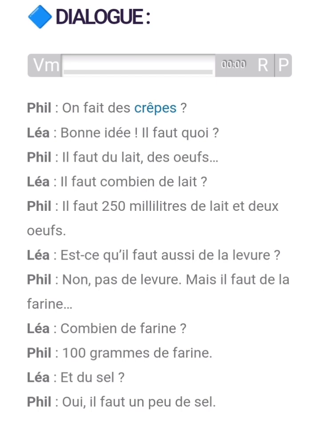Et du sel, and salt. Sel, masculine, singular, so we use du. Now in the next sentence, du sel changed to de sel. Why? Oui, il faut un peu de sel. Yes, we need a little bit of salt, because a quantifier was introduced in the sentence, which is a little bit.